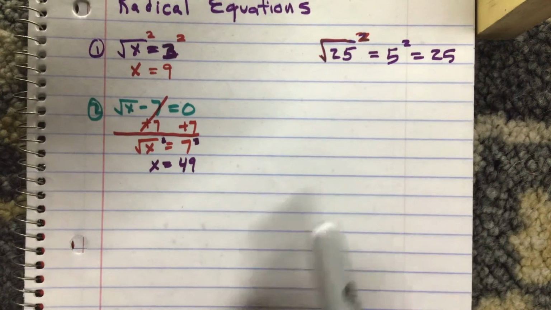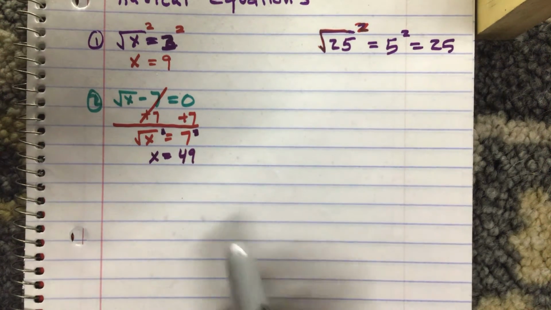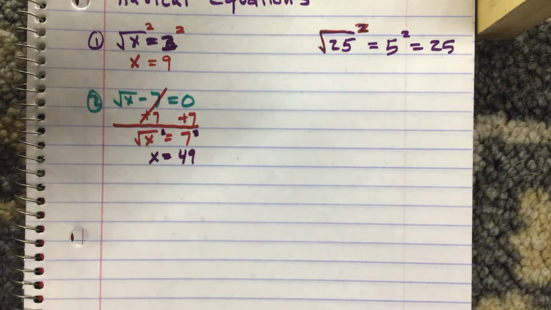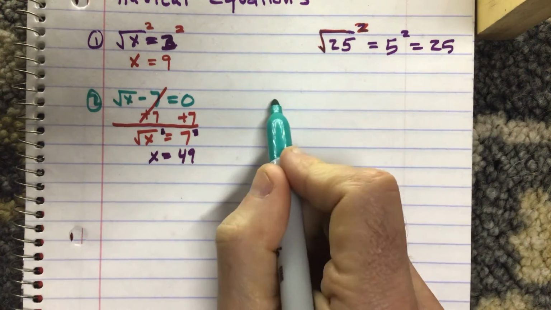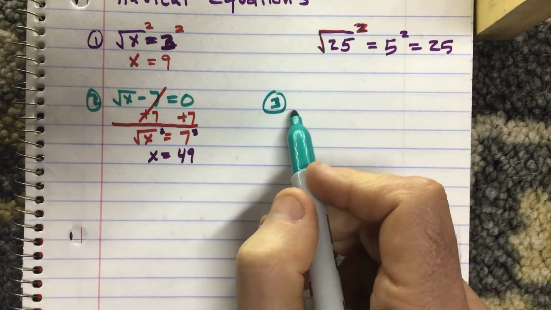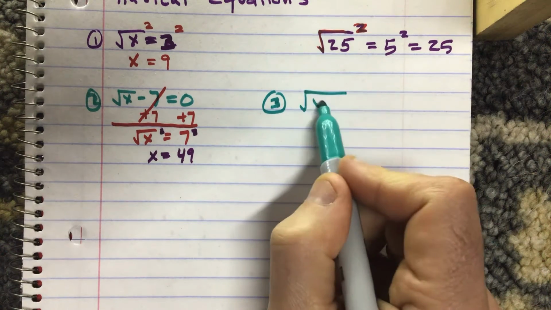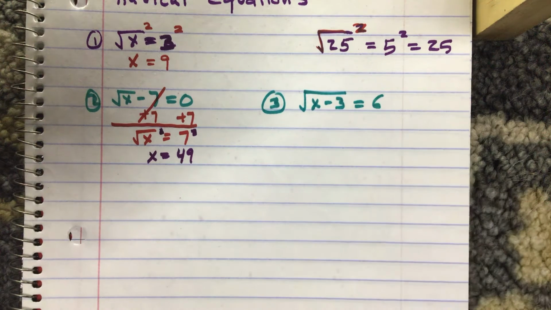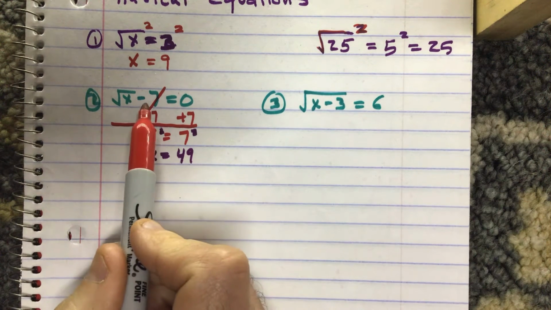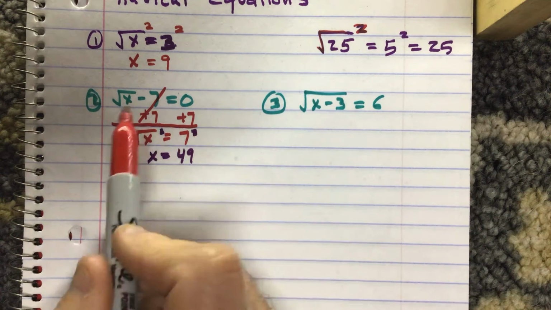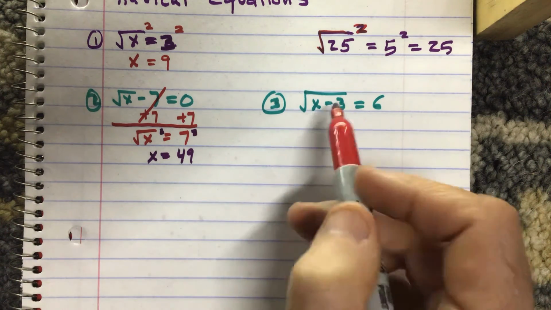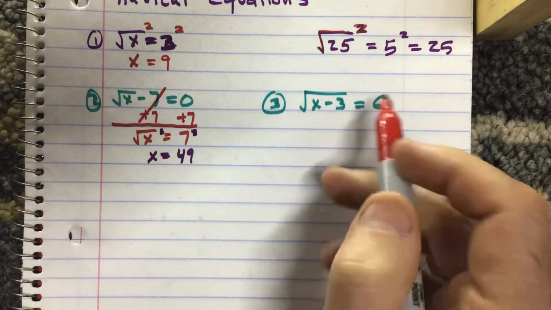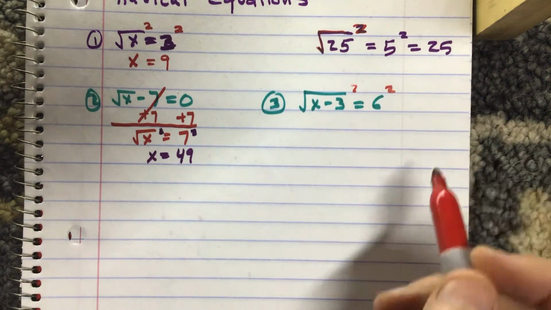I'm going to do a few more so you can see it, maybe making it slightly more difficult each time. Here's number 3. Square root of x minus 3 equals 6. This is a little different than the one I just did. Instead of having the minus 7 outside the radical, now I have it inside. So I need to get rid of this radical. I'll just square both sides.